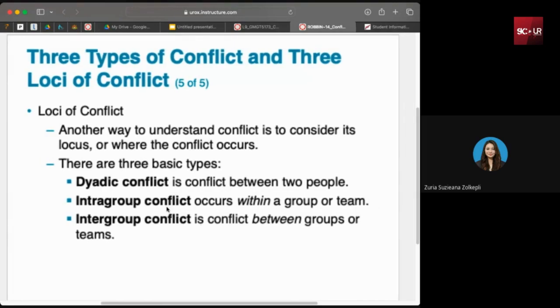Intergroup conflict dengan intra-group conflict ni tak apalah dalam team kan, intergroup conflict. So let's say for me, okay, I give example first for you to clearly see. So for me, educators, we have conflict with sama ada a group of auditors ataupun academic regulation.